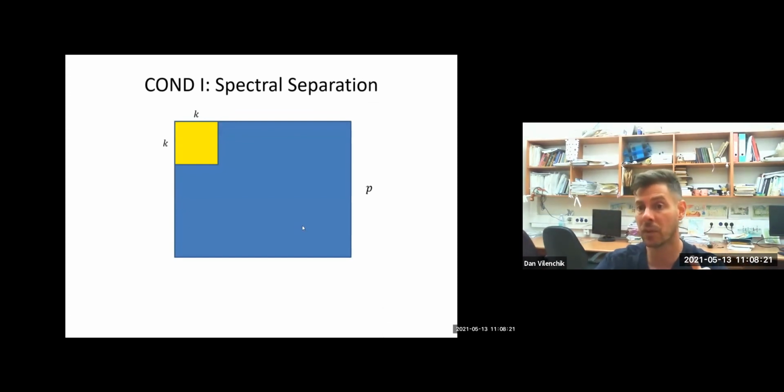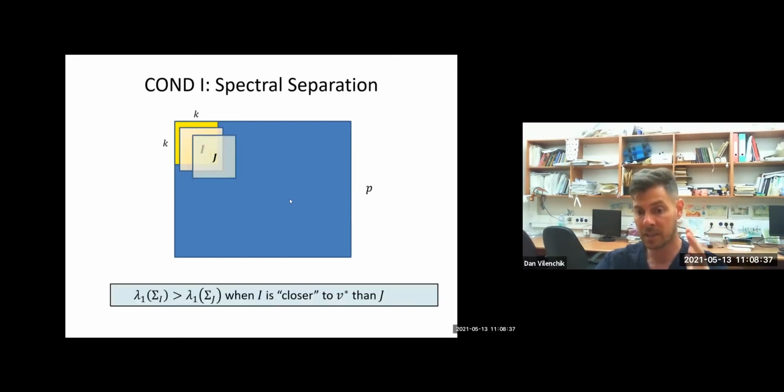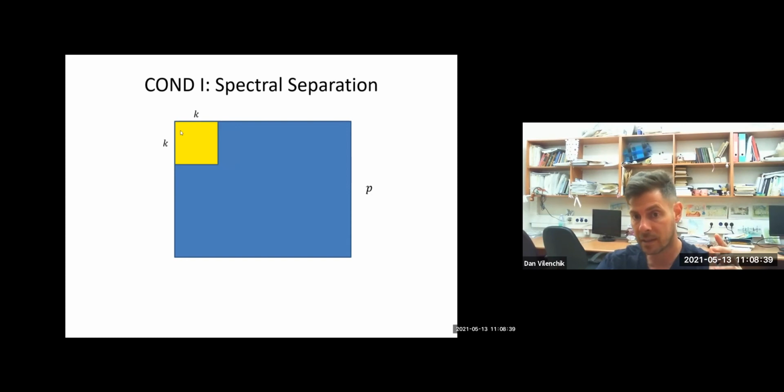As for the analysis of our algorithm, there are two properties that are sufficient for the success of this seed-guided exhaustive search. The first one I call spectral separation, and it means the following. Let's say this yellow part is the right solution that we are looking for.